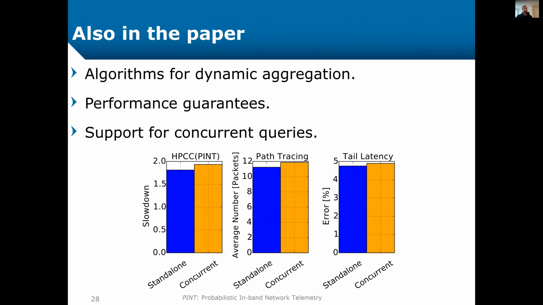And what we saw is that using just 16 bits per packet, we can get a performance that is almost the same as running each of them separately. And we do this by scheduling different queries across different packets, once again, using global hash functions.